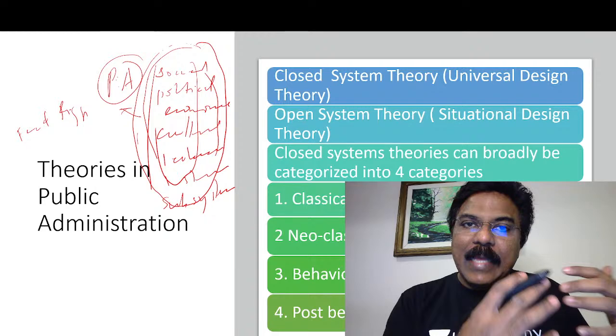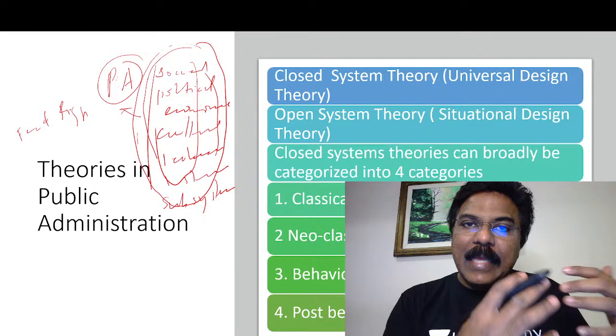So we need to understand the historical context in which these theories were formulated. Even though those theories have been debunked, they created the path for public administration.